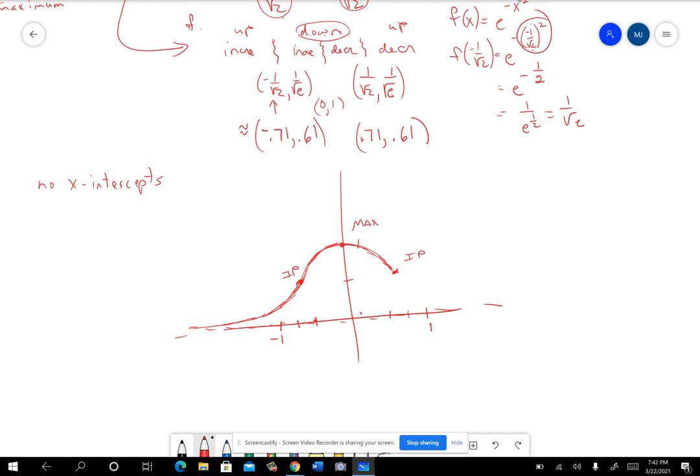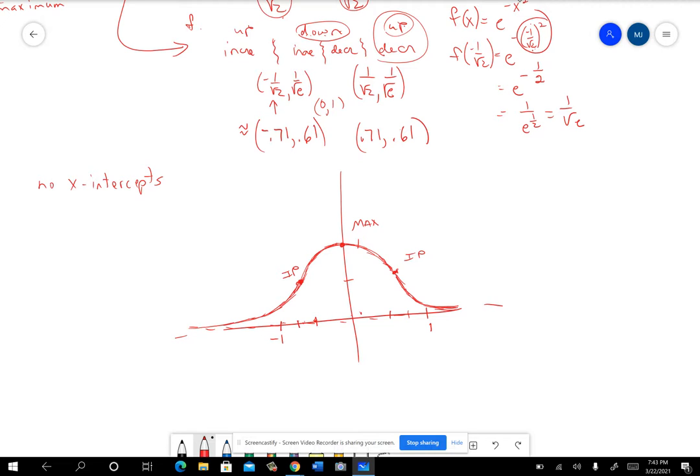All right. And then after that, I'm over on this side. I have to continue decreasing, but it has to be concave up. So it's decreasing. So the graph is falling, but concave up means that it's less and less negative. Okay, so the graph is falling, but it's concave up because it's getting less and less negative.